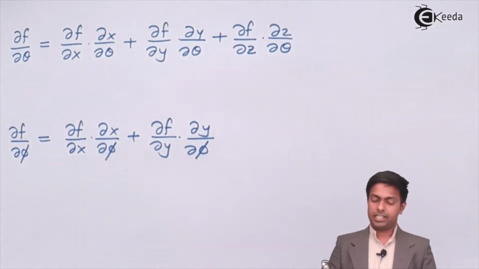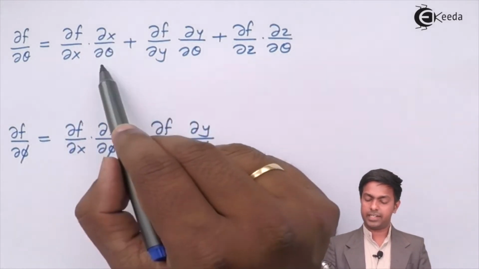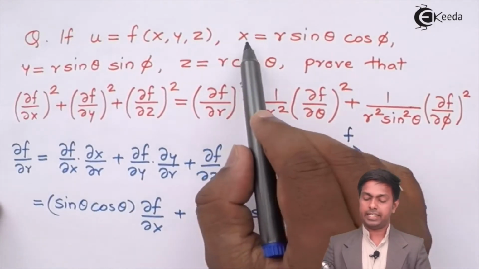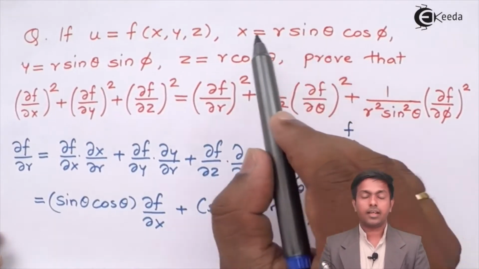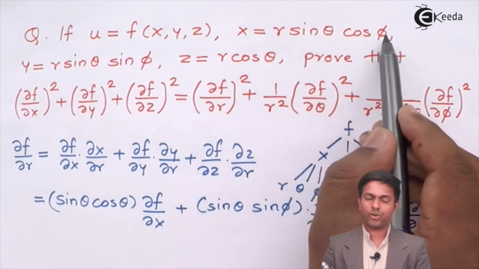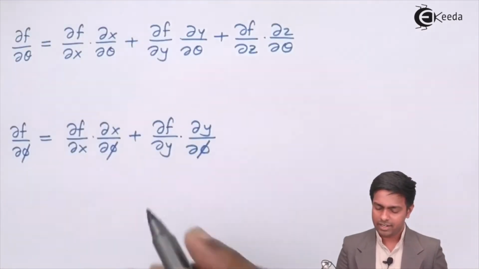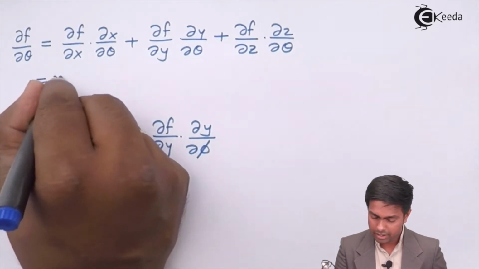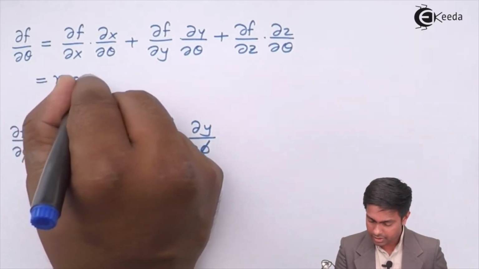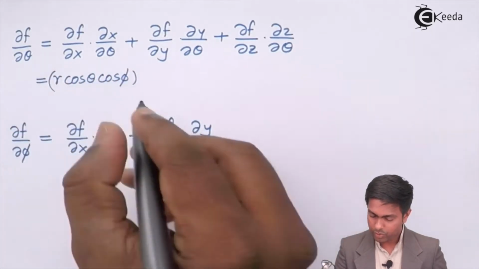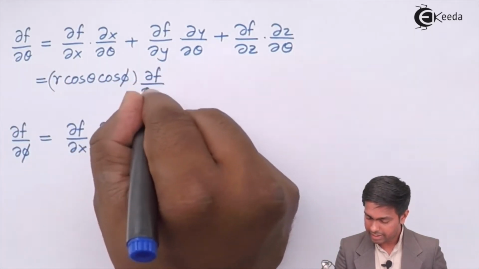Now, guys, let's find the values of del x by del theta, del y by del theta and del z by del theta. For del x by del theta, r and cos phi are constant, and the derivative of sine theta is cos theta. So here we'll get r cos theta cos phi into del f by del x.